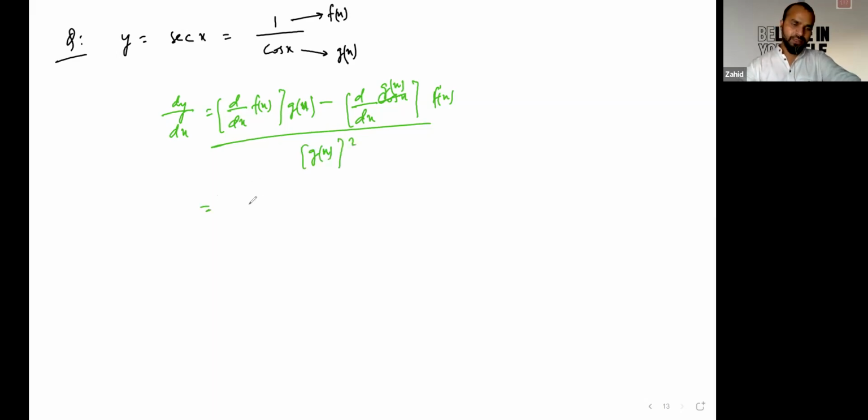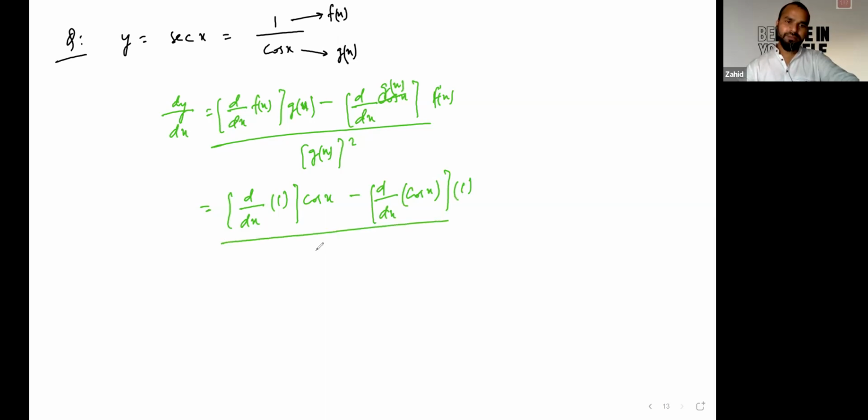So now put these values. Fx is 1, so the differentiation of 1 multiplied by cos x, minus the differentiation of cos x multiplied by 1, whole divided by cos square x. Any doubt? No, sir.